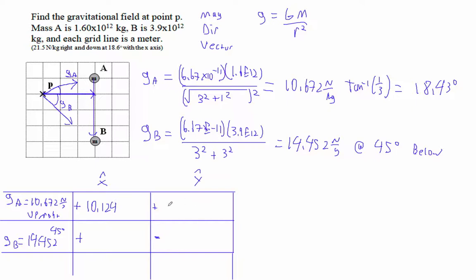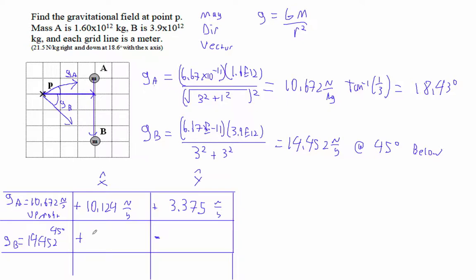And that's in the x, and then the y, I'm going to take that same number, 10.672, sine of 18.43. This will be a smaller number, 3.375 newtons per kilogram, right? All right, so let's see. That makes sense, right?